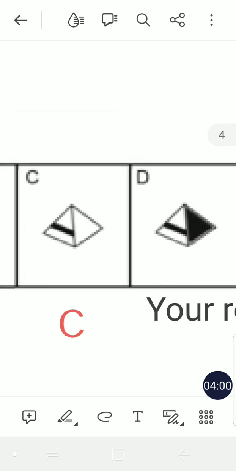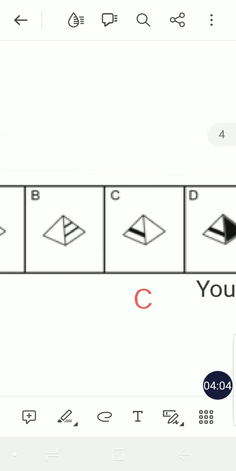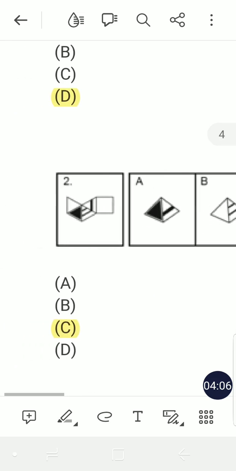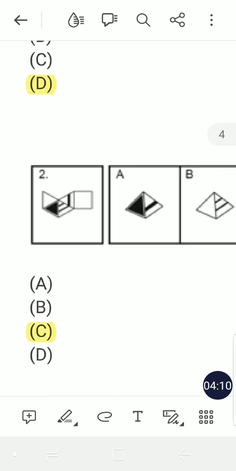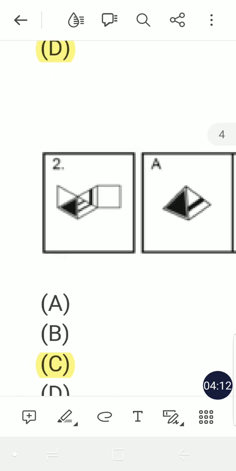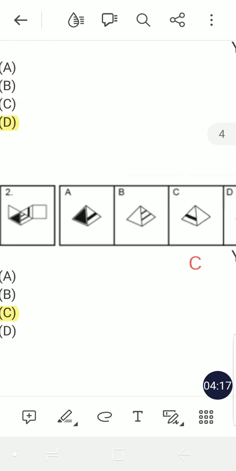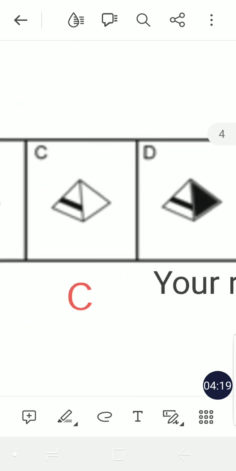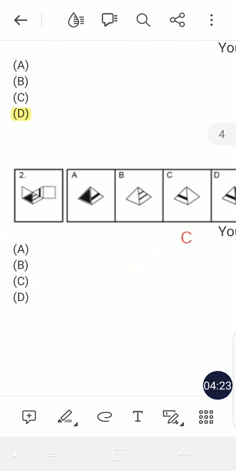So the only valid choice now is C, and we can see that the solid line is right beside a plain white triangle, which is the case here in letter C. Okay, so C is the correct answer.